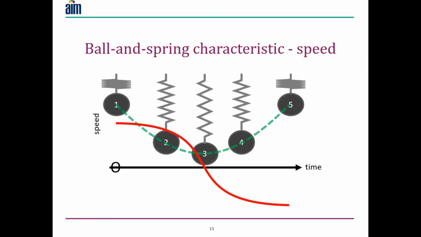And when we get to 3 there, you can see that the red speed graph actually crosses the axis, which means right at that point, for that moment, the ball has come to a standstill, and then speed goes under the line, which means a negative value, which really means it's changed direction, and the ball's now going back. And what you can see at 5 is that the speed at which the ball came in is the speed that the ball is going up at that point in time.